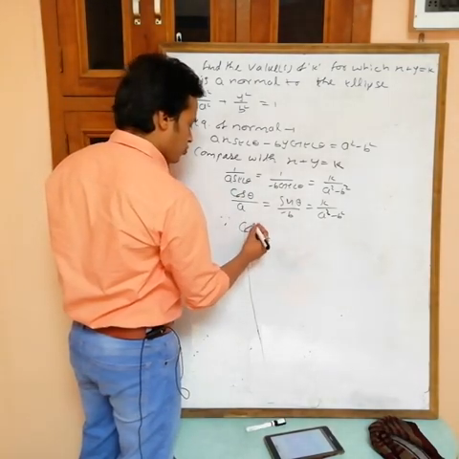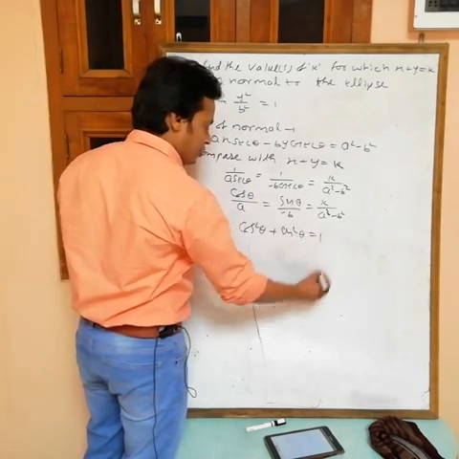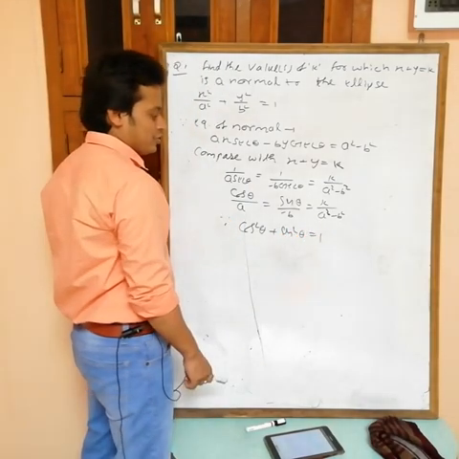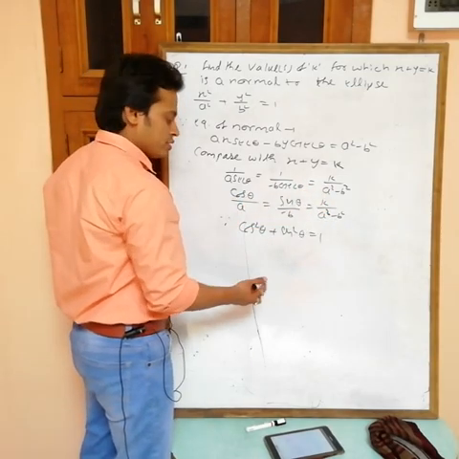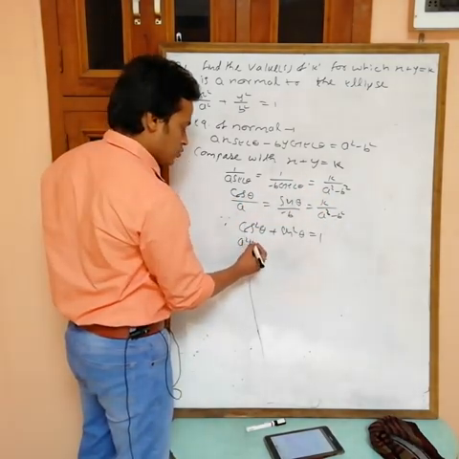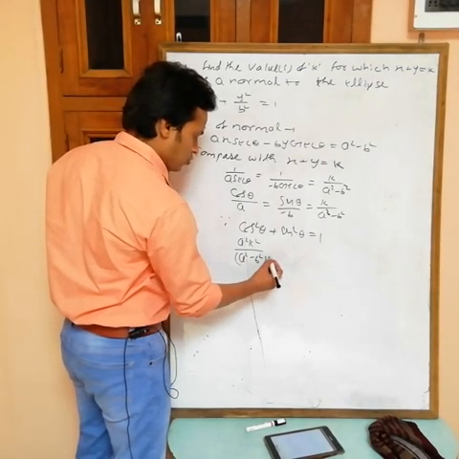We know that cos square theta plus sine square theta equals 1. Put the value of cos square theta: cos theta is ak by a square minus b square, so cos square theta is a square k square by a square minus b square whole square.